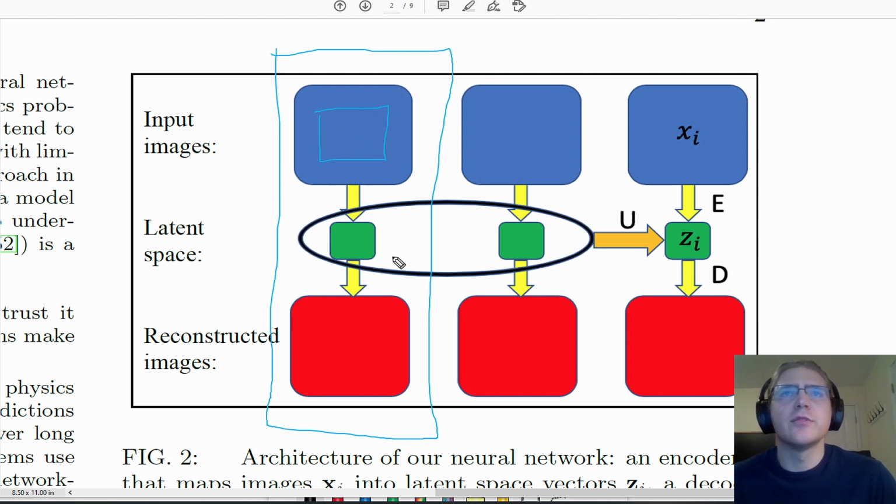It's an image of something, and you're running it through a neural network to map it into a low-dimensional vector, and then you're mapping that low-dimensional vector back into an image, and you run gradient descent where you're minimizing the difference between your reconstructed image and your original image. So that's how a standard autoencoder works.